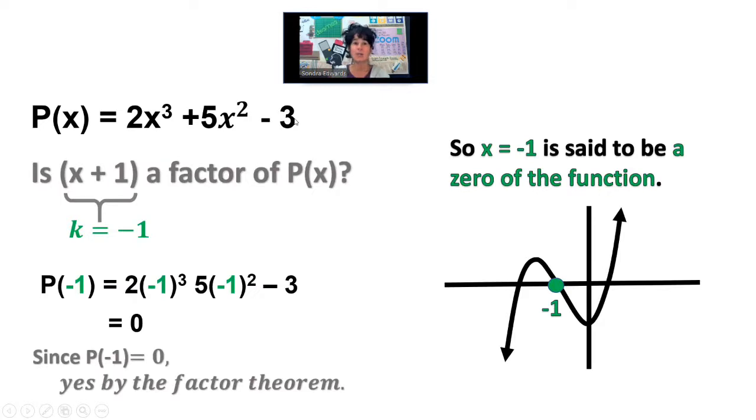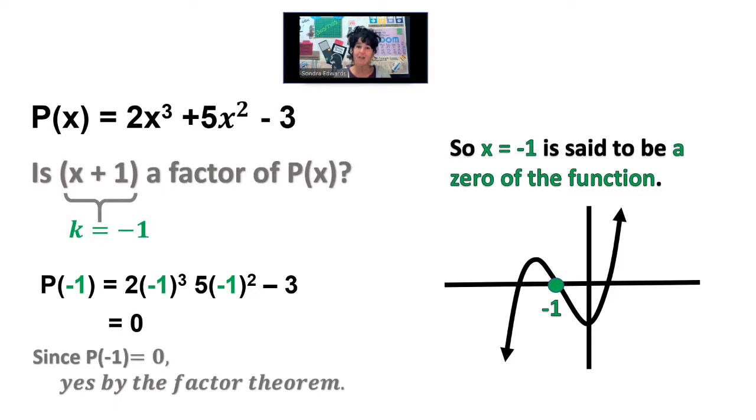Now, since we know that x plus 1 is a factor, how could we use that to completely factor this cubic? So if I said the number 3 is a factor of 111, to figure out what the other factor is, you would take 111 and divide it by 3.